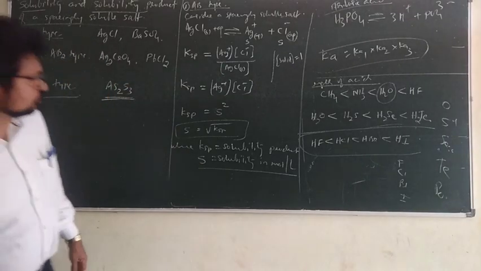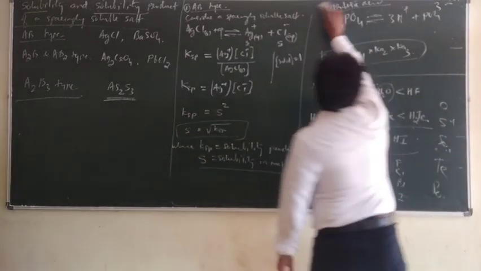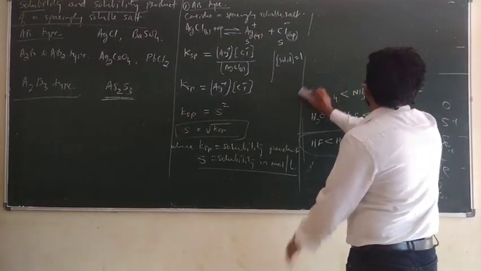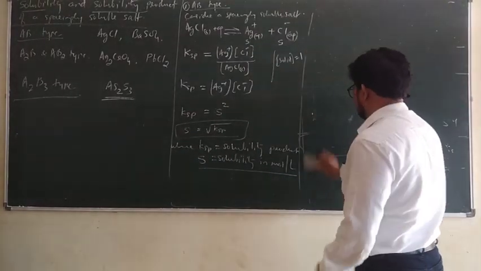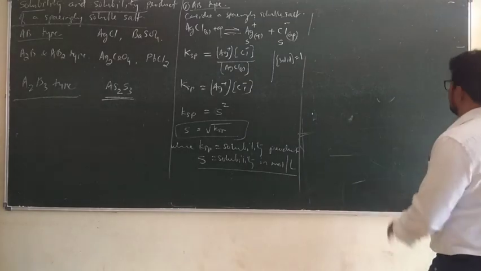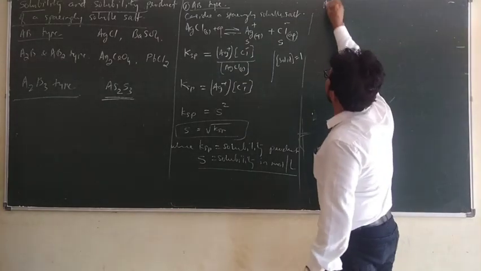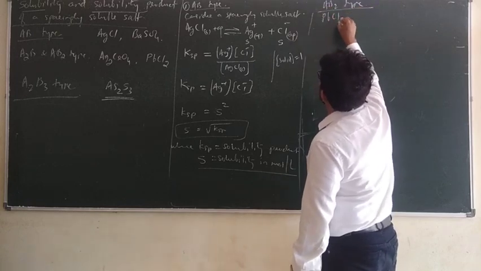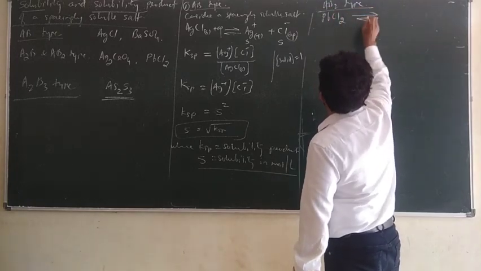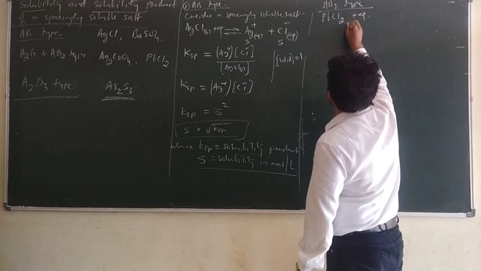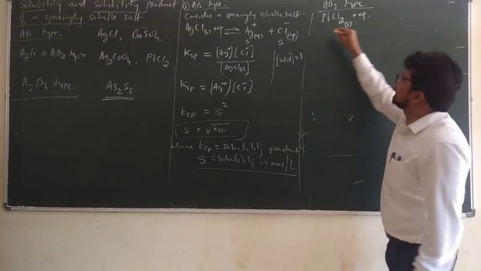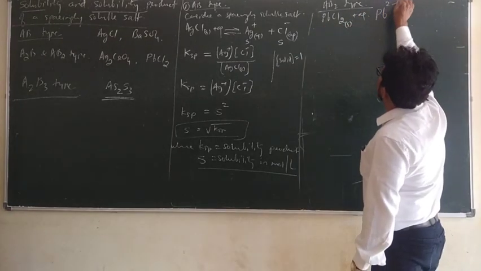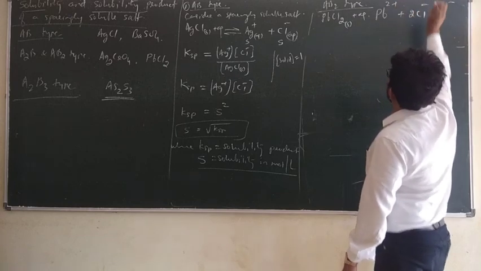One more I will show you, for example lead chloride, AB2 type. PbCl2 is a solid which is a precipitate: Pb2 plus and 2Cl minus.